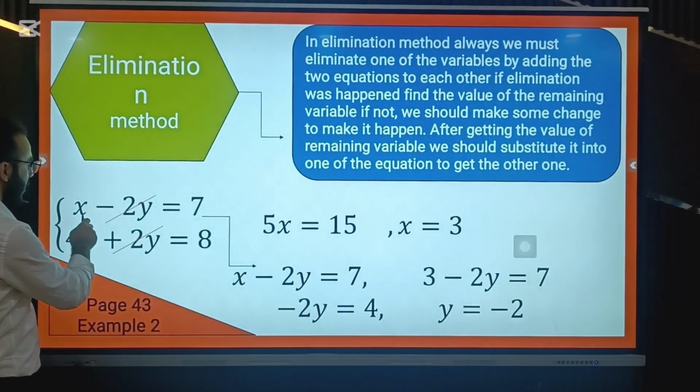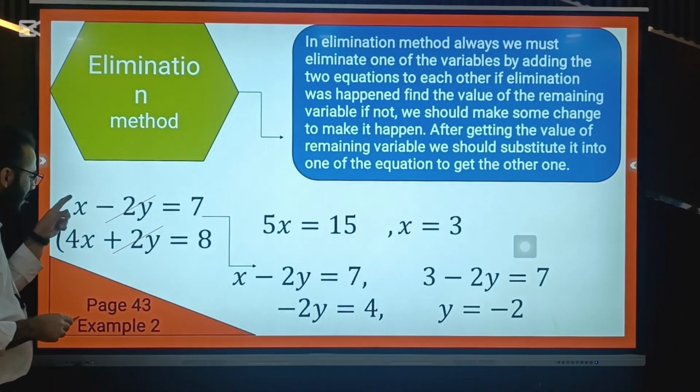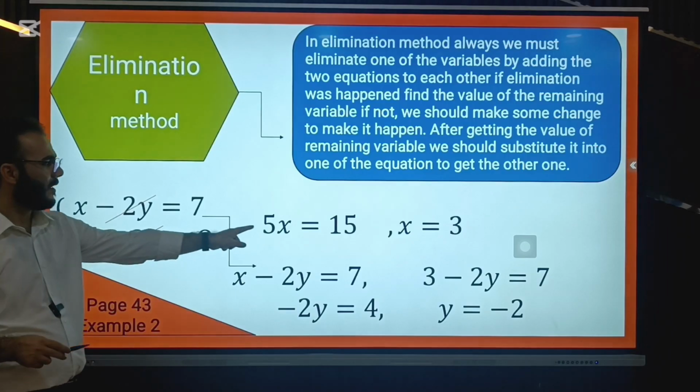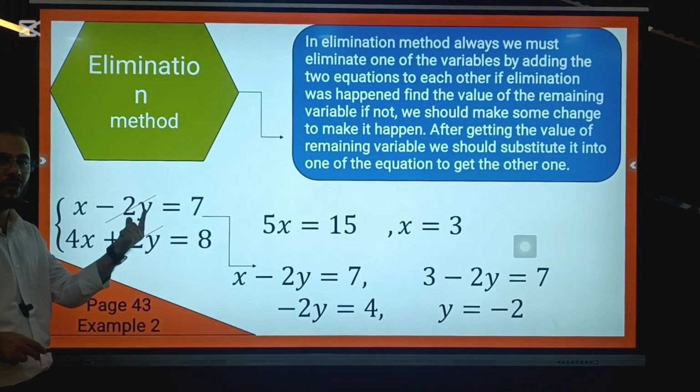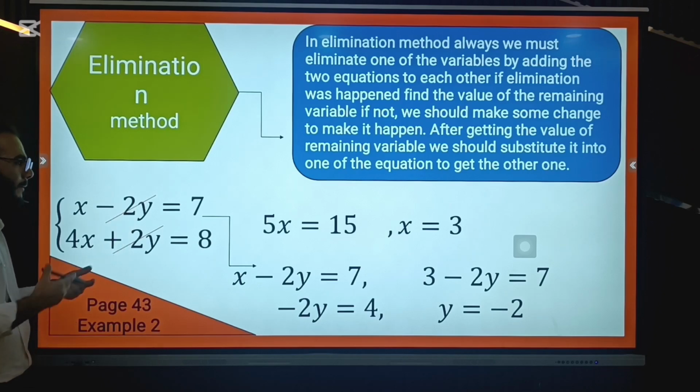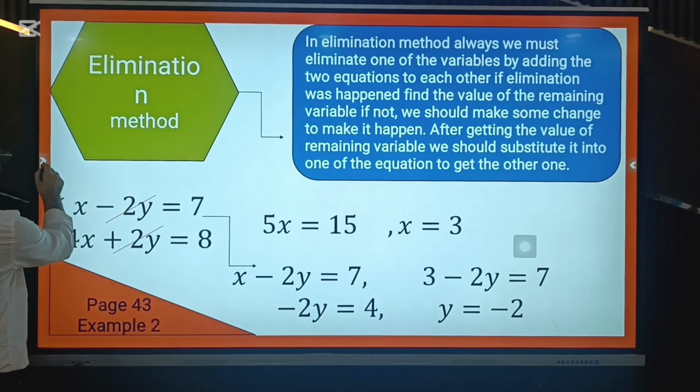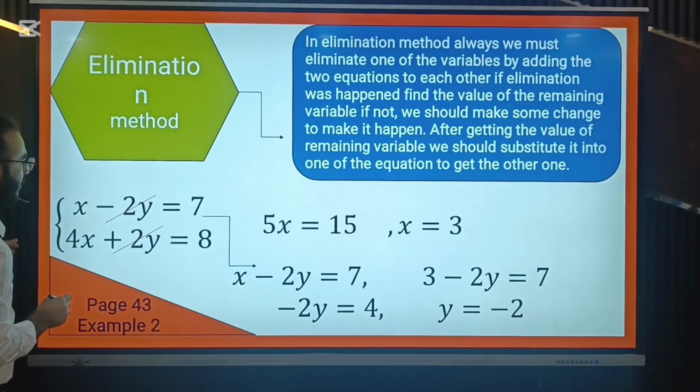Perfect. So here, if we add them, x plus 4x is 5x, and negative 2y and positive 2y, when you add them, they cancel each other.